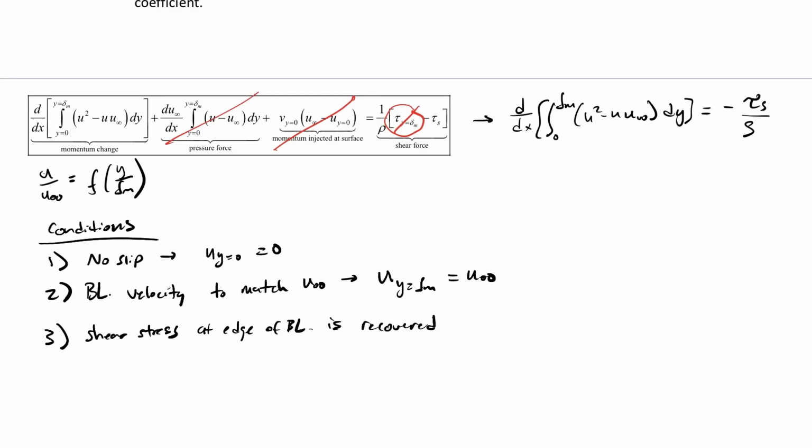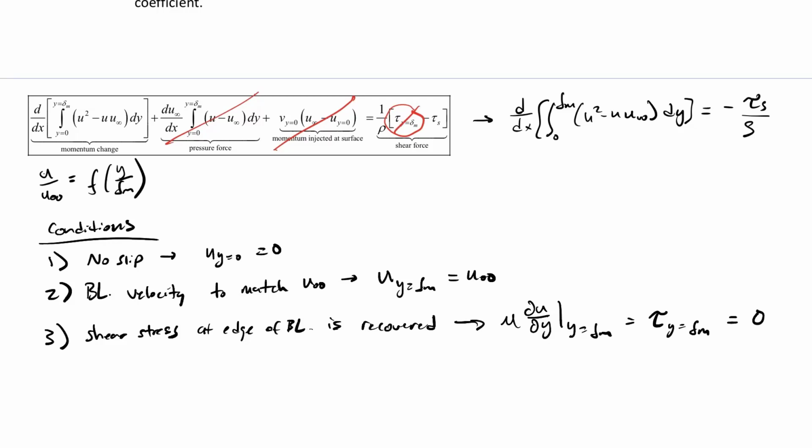That would mean mu times du dy at y equals delta m is equal to tau at y equals delta m, and those are both equal to 0. So I'm not driving this flow with any shear stress or anything like that. So it has to be 0.